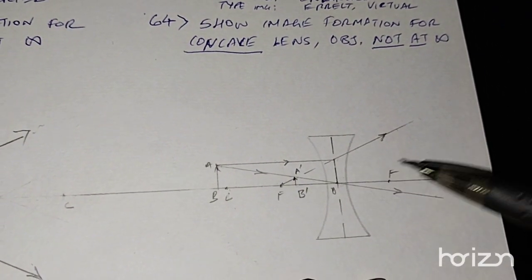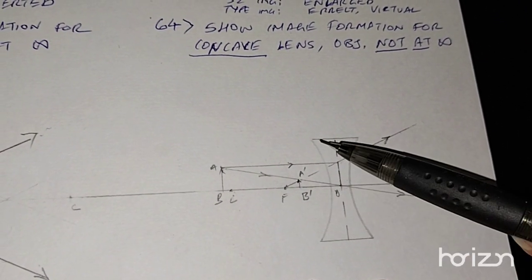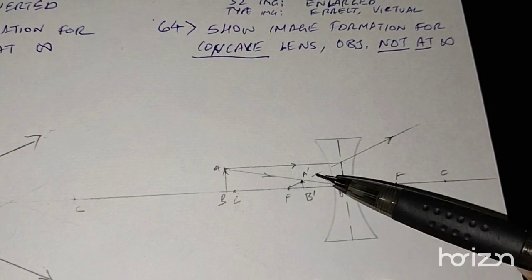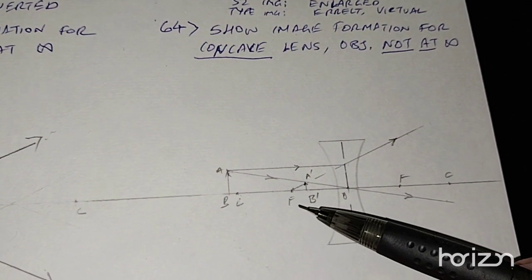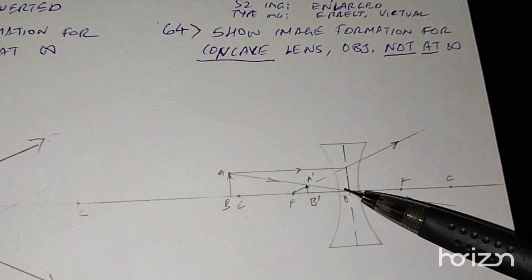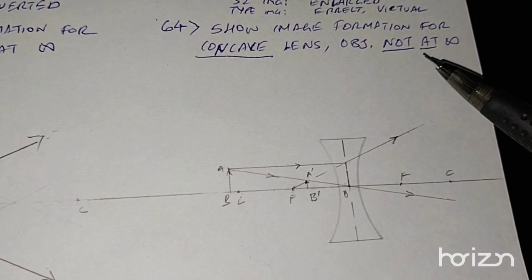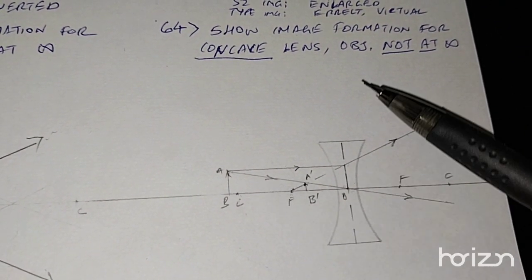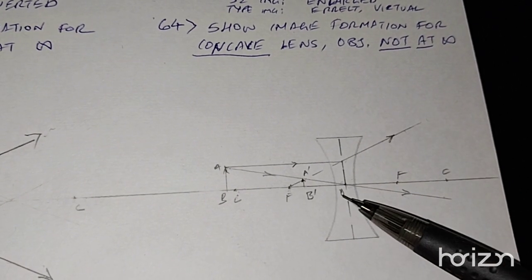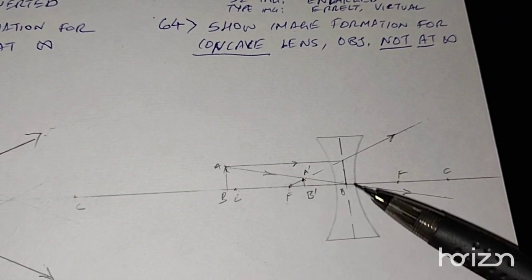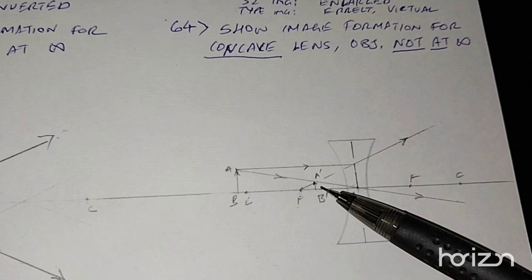Because of these divergent rays, it is a virtual image, and the size is diminished, and it is formed between optical center and F. So for concave lens, when the object is not at infinity, the image is always formed between focal point and the optical center, and it is diminished.